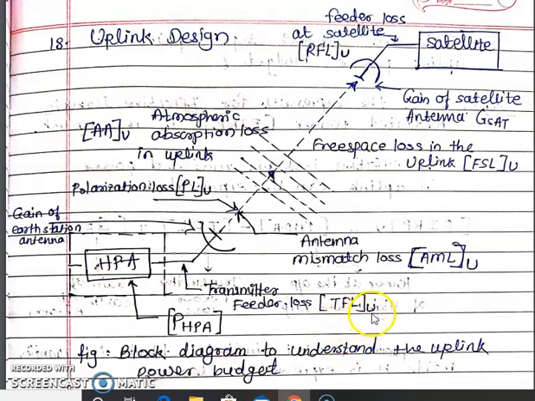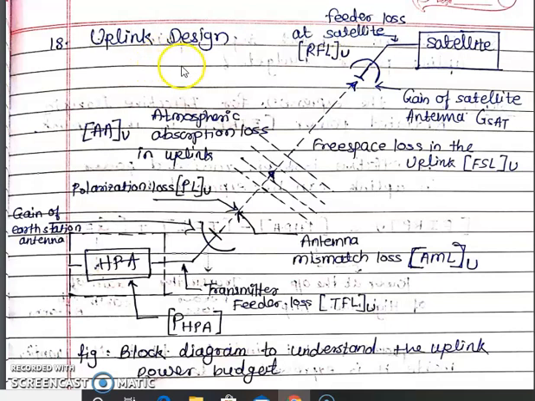The U is written outside the bracket for the uplink, and D is written for the downlink. Similarly there is polarization loss PLU, atmospheric absorption loss in the uplink, free space loss FSL in the uplink, gain of the satellite antenna G satellite, and receiver feeder loss RFL U. These losses we have to consider at the time of uplink design.